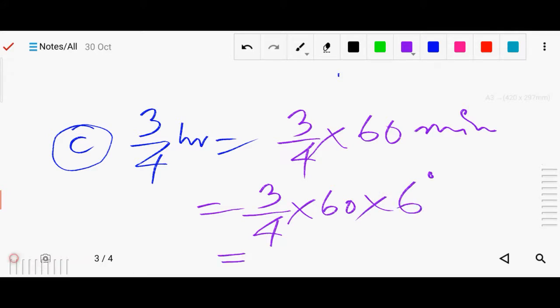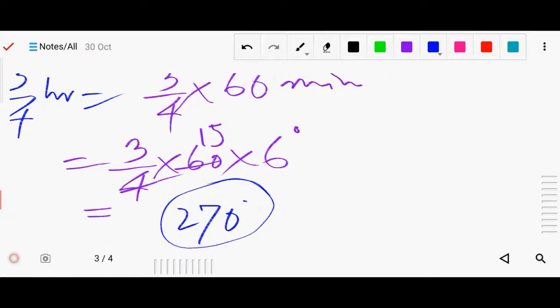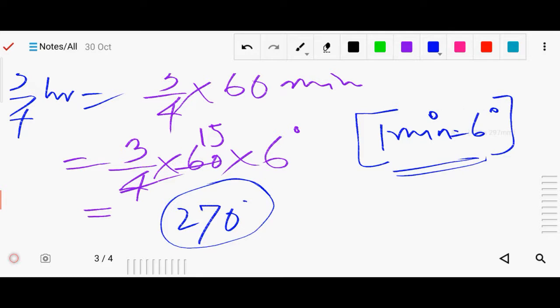You divide and get 15, then 15 into 3 is 45, 45 into 6, so you will get 270 degrees. Here also you can write in the bracket: 1 minute equals 6 degrees.